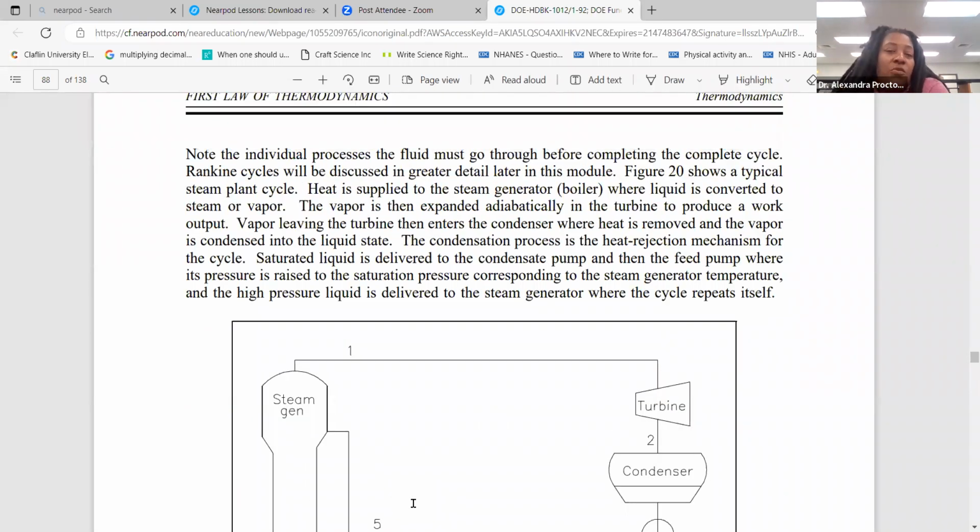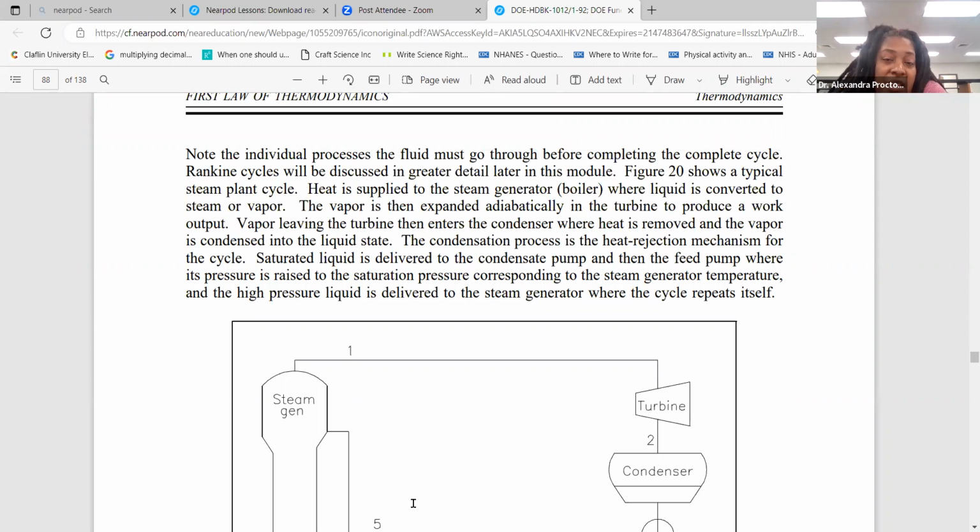Not all individual processes the fluid must go through before completing the complete cycle, like the Rankine cycle, are discussed here; it is discussed in greater detail later in the module. Figure 20 shows a typical steam plant.